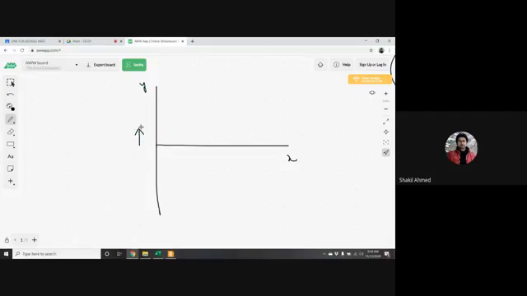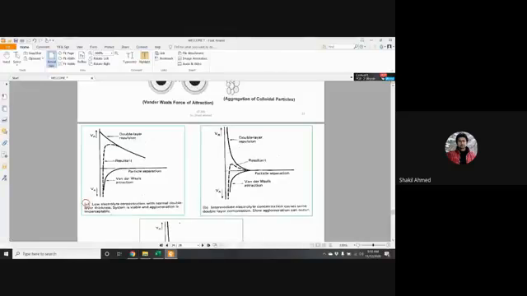Let's call this repulsion. This is the zero line, right? This is repulsion, so negative will be attraction, right? Am I right? Yes, sir. And this is their distance, d. Here you have the repulsive force, and here you have the attractive force.